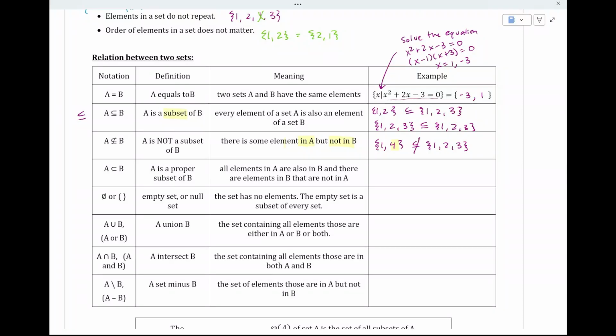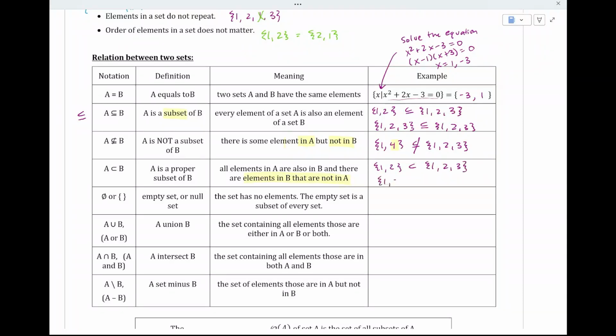Next up, A is a proper subset of B. All the elements in A are also in B, but there is some element in B that's not part of A. So this one sounds a lot like subset, except for this last part. There must be some element that's in B that's not in A. So if I go back to the same example I used up there, {1, 2} is a proper subset of {1, 2, 3}.